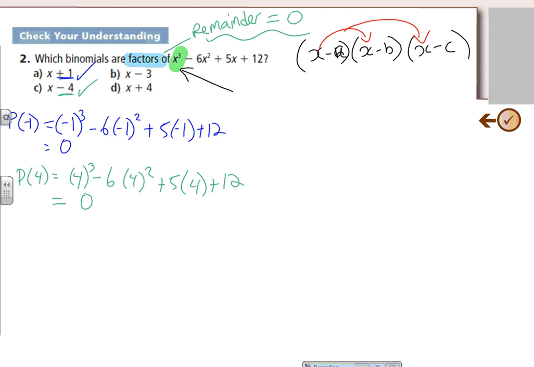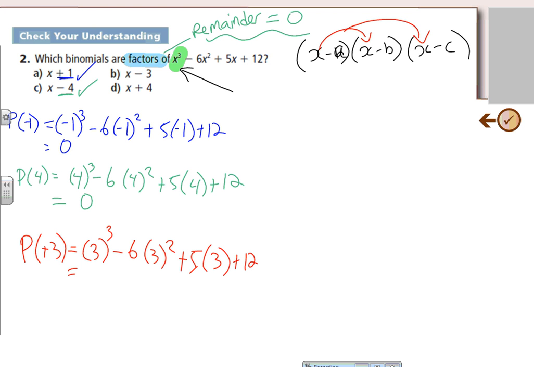Let's check out b for ourselves now. P of positive 3, oof, that was a close one, gives us 3 cubed minus 6 times 3 squared plus 5 times 3, that looks like garbage, plus 12. Shoot it in your calculator, and that gives us, look at that, 0. Oh, I just found 3 factors. Can d be a factor?